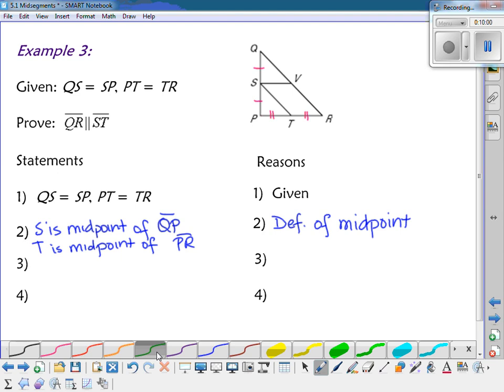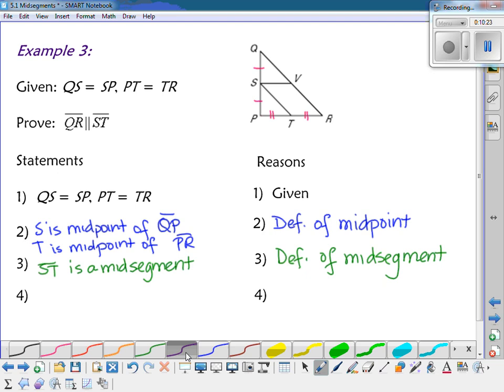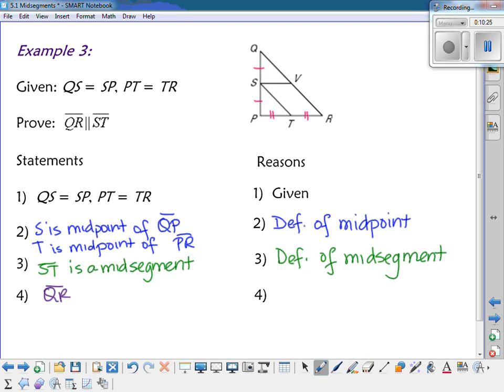So therefore, if those are both midpoints, that means that ST is a midsegment, by the definition of a midsegment. And therefore, by the midsegment theorem, I know that QR is parallel to ST.